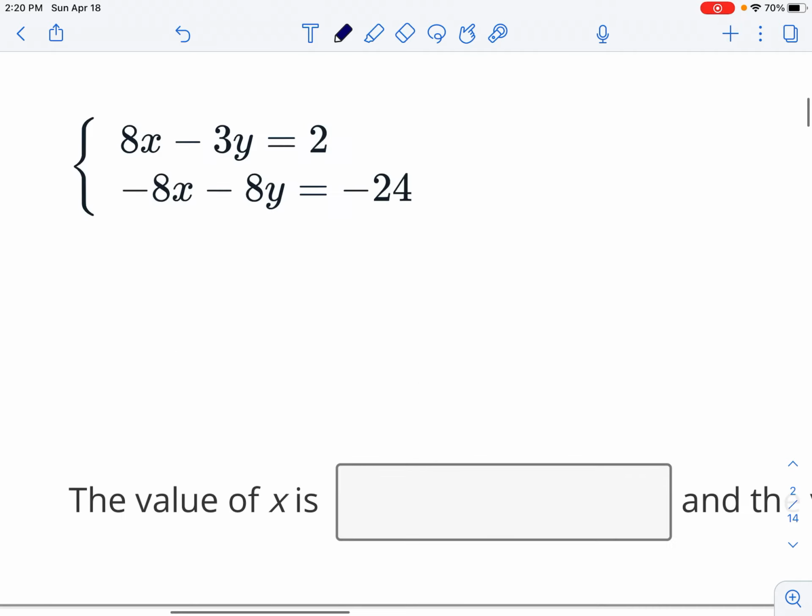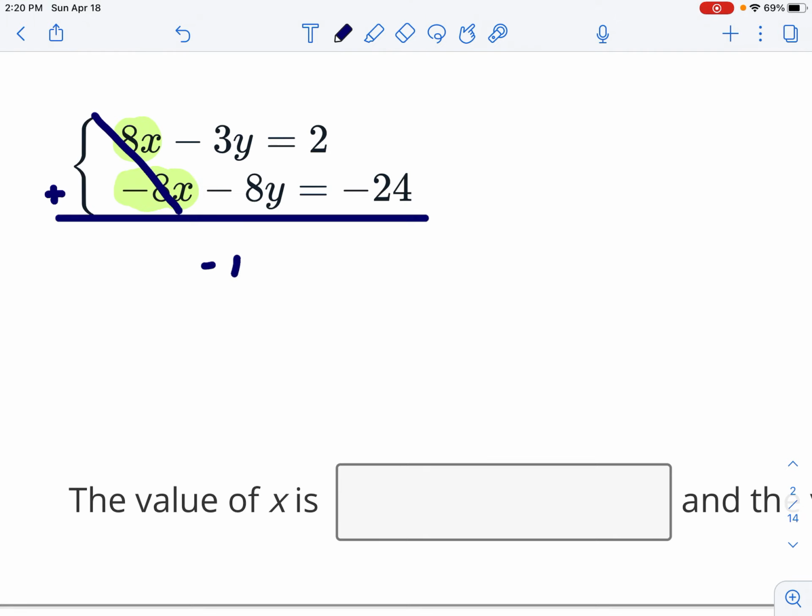What's really nice about this one is since elimination requires you to have additive inverses, we already have it for this one. I see that the x term is an 8 for one of my equations and a -8 for the other equation, which means, you can rearrange it to solve for y first if you really want to, but I am saying, hey, look, I'm able to go ahead and add these things together because 8x plus -8x is just 0x.